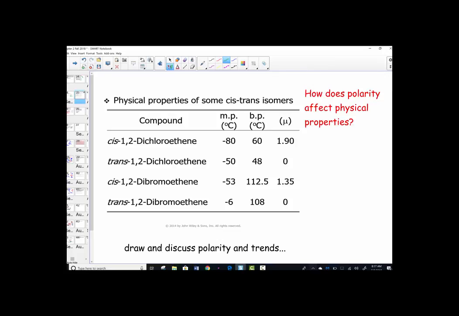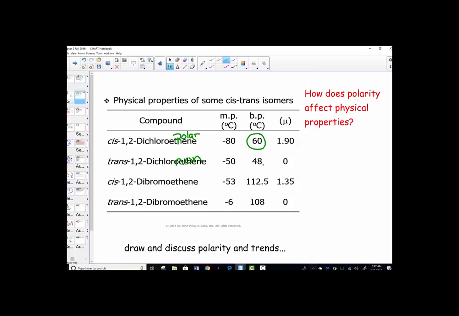And we talked about the cis and the trans. Look at the melting points. Cis was a polar molecule. Trans was the nonpolar molecule, and we can see how that affected the boiling point. It's going to take more energy to get a solution where the molecules cling to one another to overcome that and form a gas.